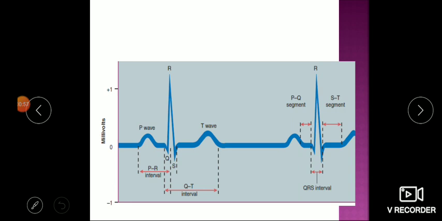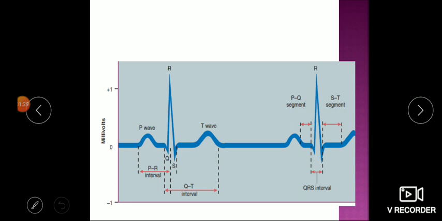We have seen that the first positive wave, that is the P wave in the ECG, is caused due to atrial depolarization. Then the first negative wave, that is the Q wave, is due to interventricular septal depolarization from left to right. Then this tall big wave, that is the R wave, is due to ventricular depolarization. Then this negative S wave is caused by the last base of the heart to get depolarized.